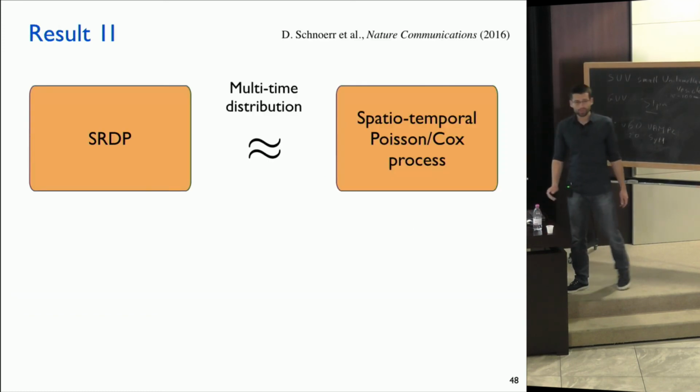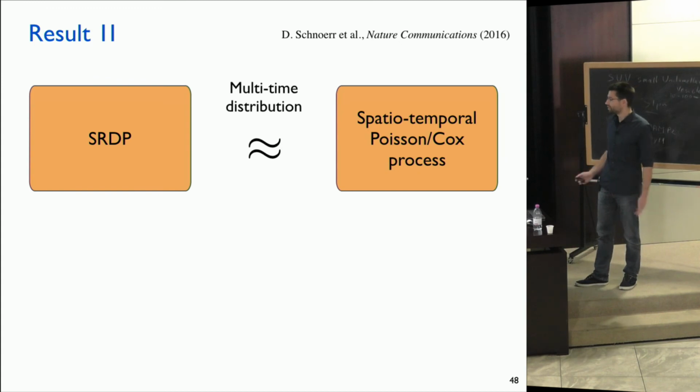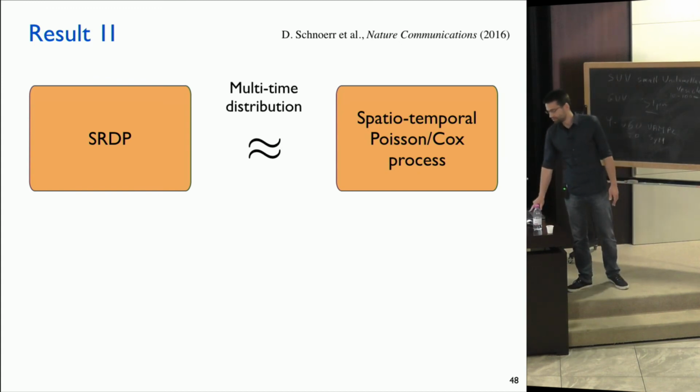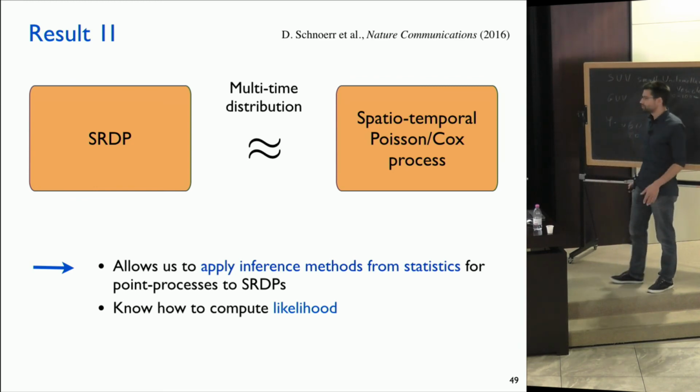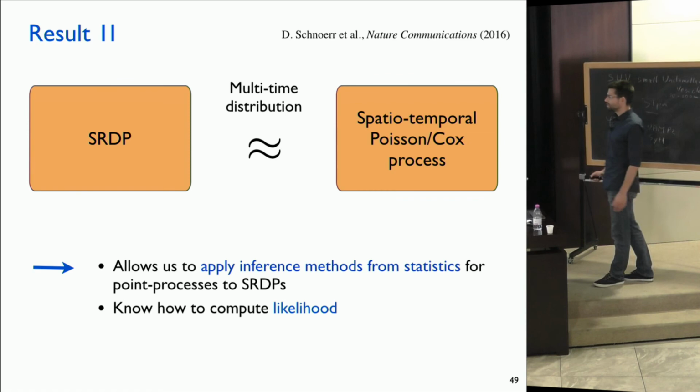But if we do this, we arrive at a very useful result, because now we can use methods from statistics for Cox processes for the inference of our stochastic reaction diffusion processes, which was not possible before. In particular, it's now rather straightforward to compute the likelihood, and we have an explicit expression.